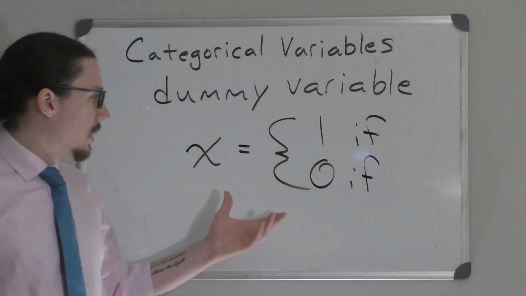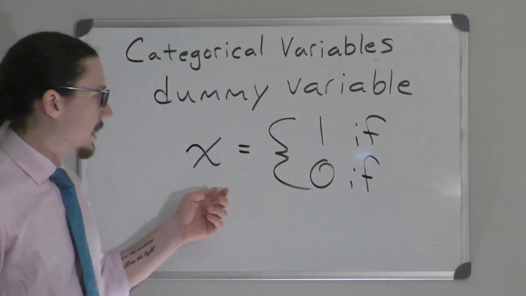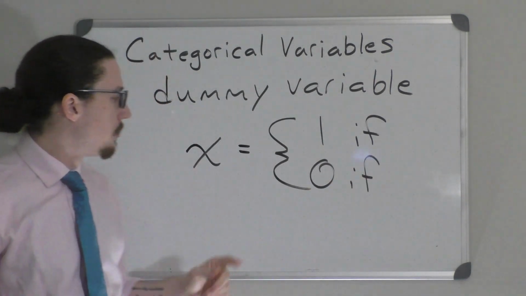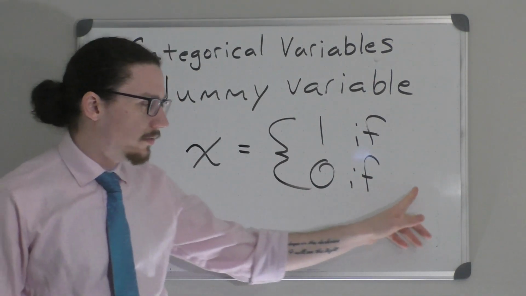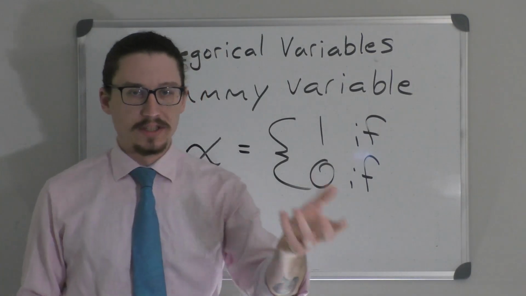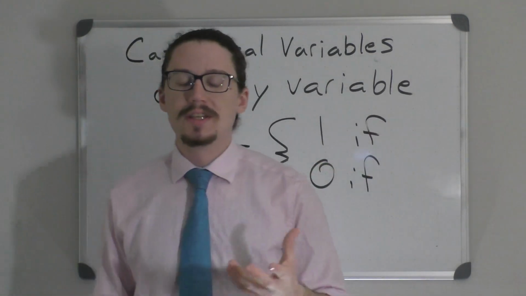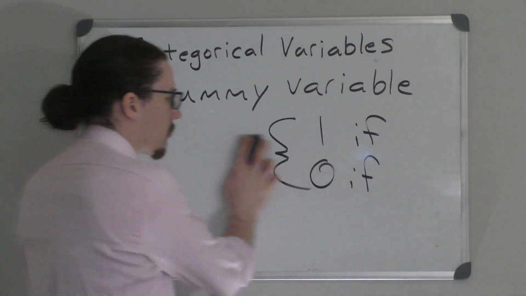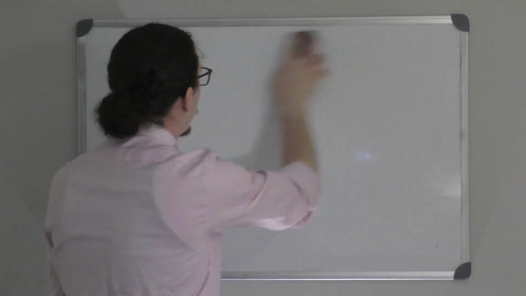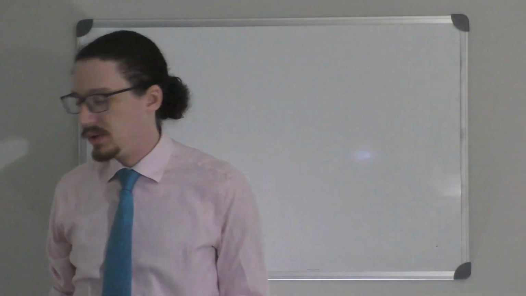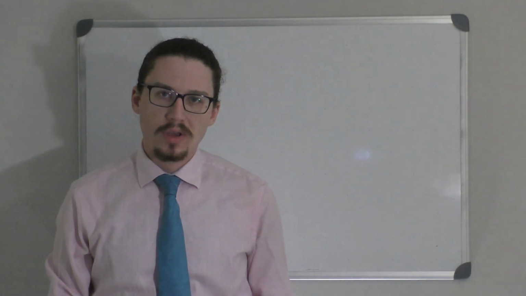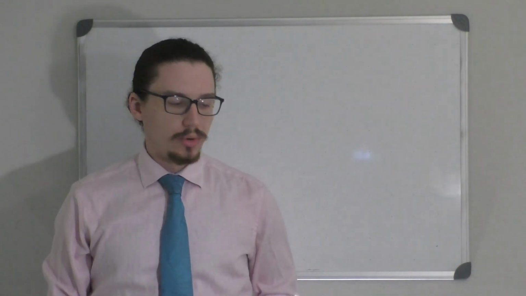The way we'll set these up is like this. x equals 1 if, and then whatever criteria we want to set, and 0 otherwise. If it's anything other than the criteria we set for the variable to be 1, then it's going to be 0. So let's actually illustrate this real quick.